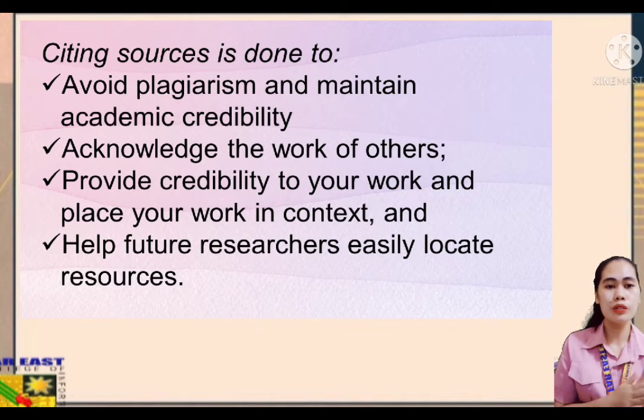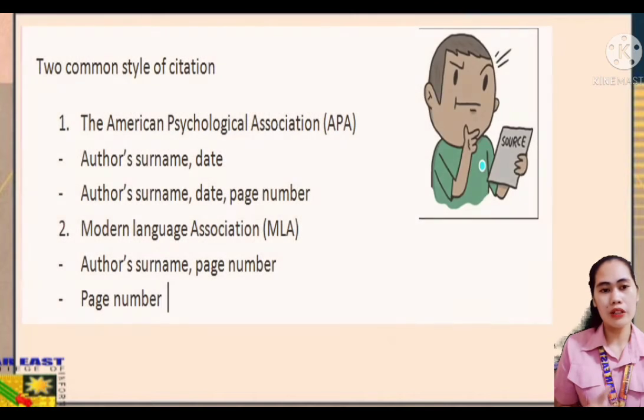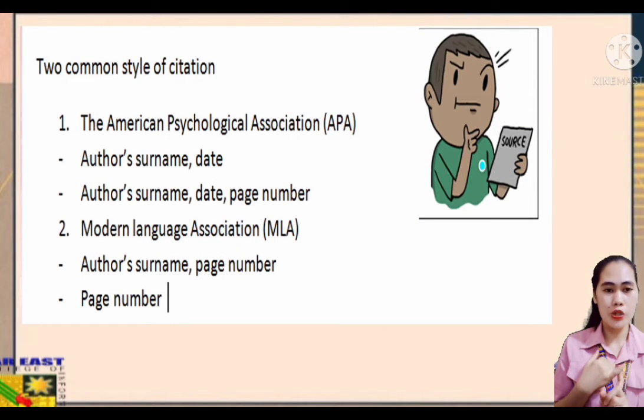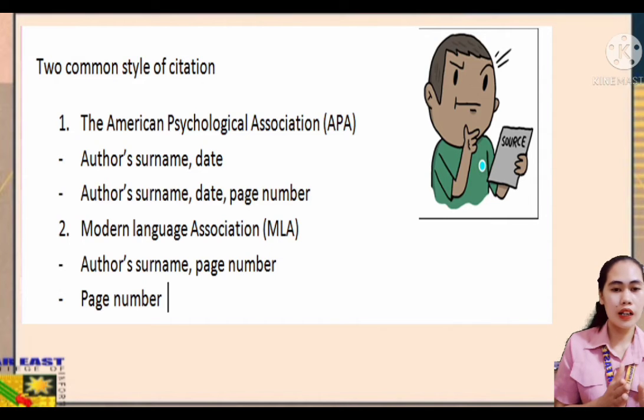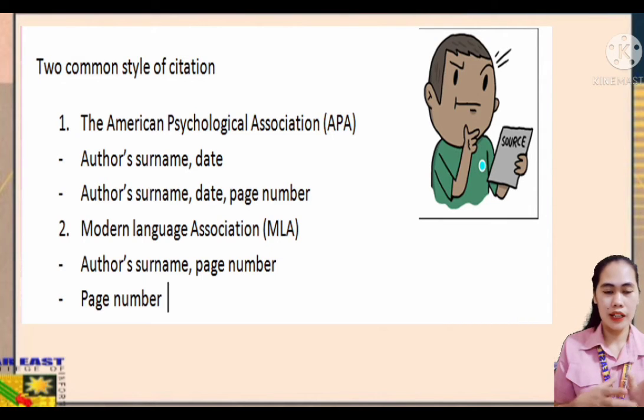Okay? So, there are two common styles of citation. So, mayroon tayong tinatawag na APA, which means the American Psychological Association, and MLA, Modern Language Association. So, sa American Psychological Association, or APA, ang ginagawa nating pagsasite is, first, you have to get the author's name and yung date kung kailan pinublish yung information na kinuha natin, no?